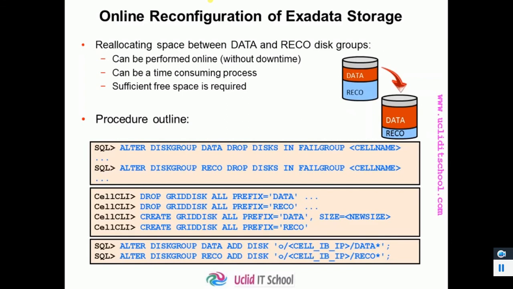Resyncing happens when you take the disk offline and bring it online after some time. Rebalance happens when the disk is dropped and added back. Right? Does everybody agree or does anybody differ?